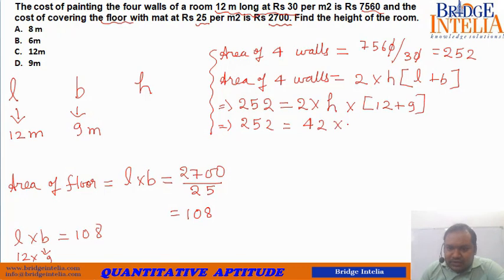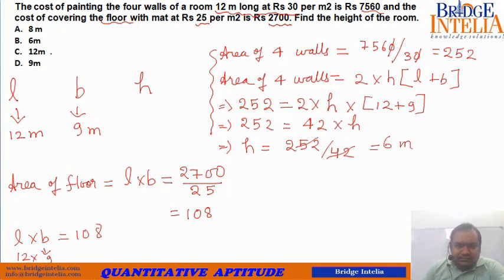So height must be equal to 252 divided by 42, and 42 sixes are 252. So the answer must be 6 meters.